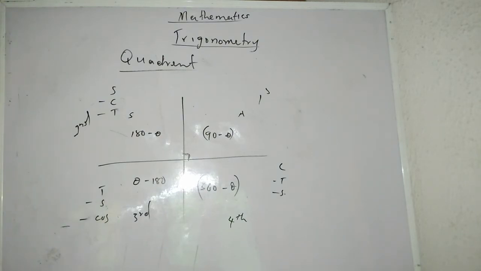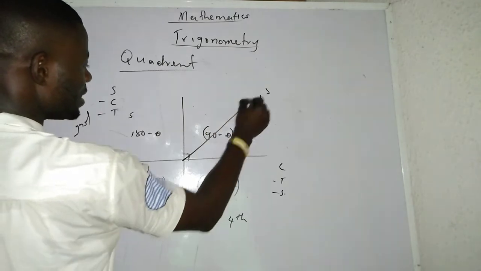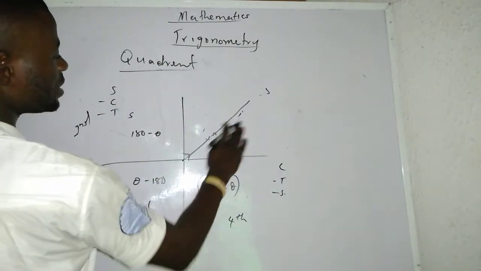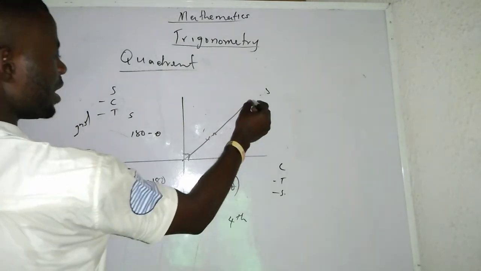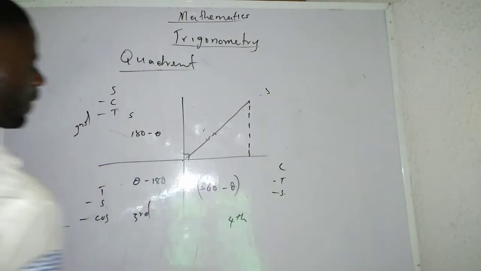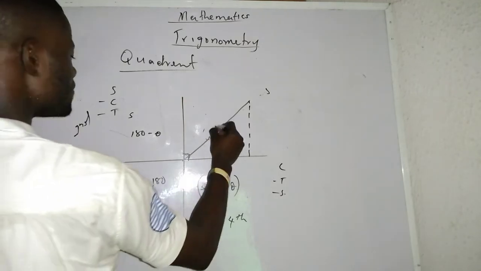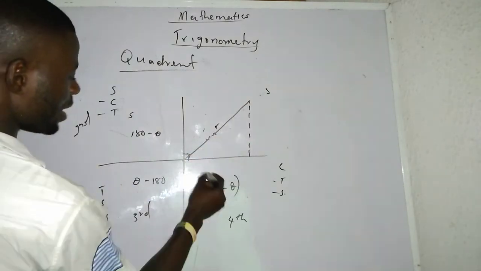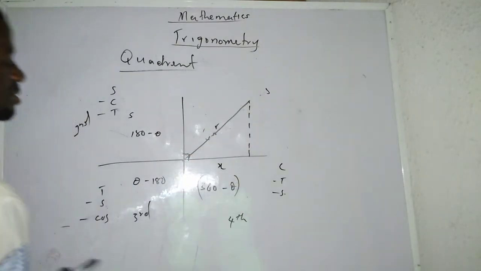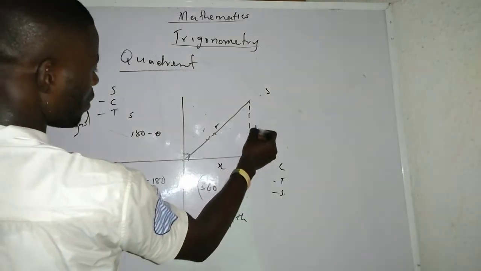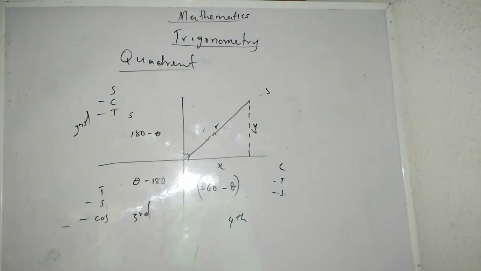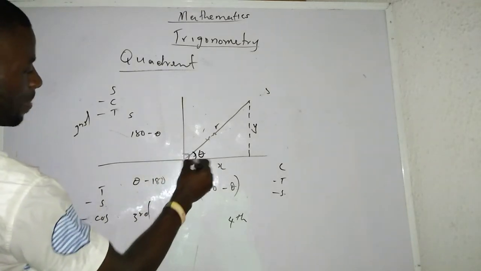Now, let me just show some things there. If I have something like this, for instance. Now, this is always my R. Angle can form there. This is of my X. This is of my Y. Now, for instance, theta here.